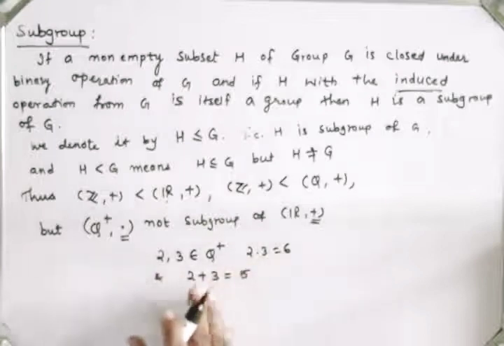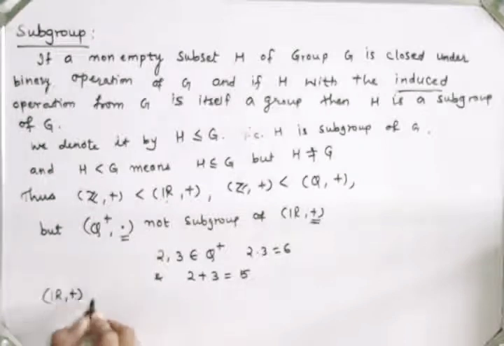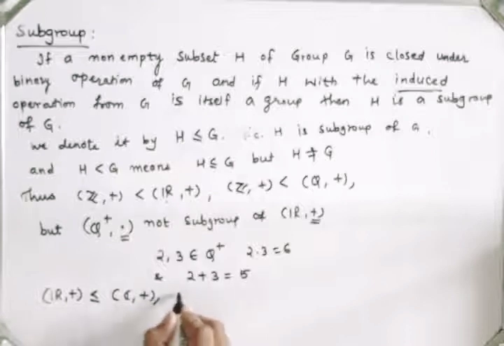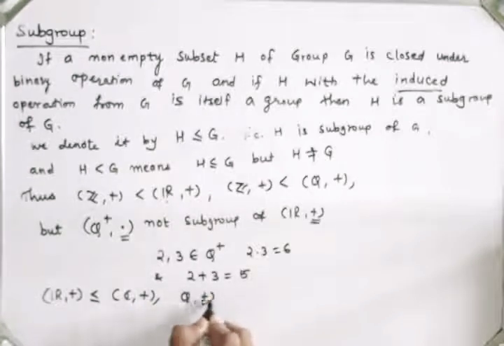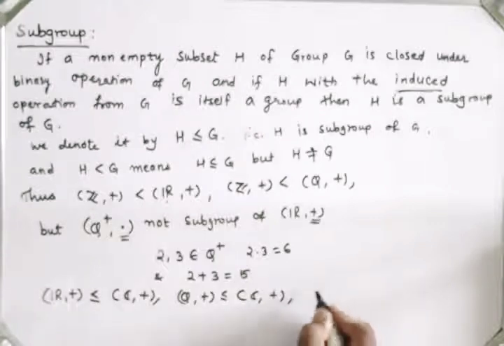So next example, real numbers under addition is a subgroup of complex numbers under addition. Set of rational numbers under addition is a subgroup of complex numbers under addition.